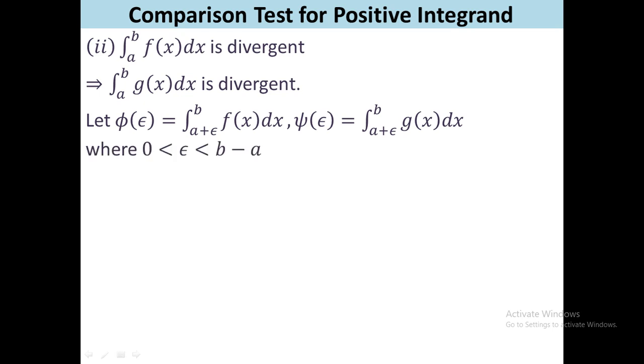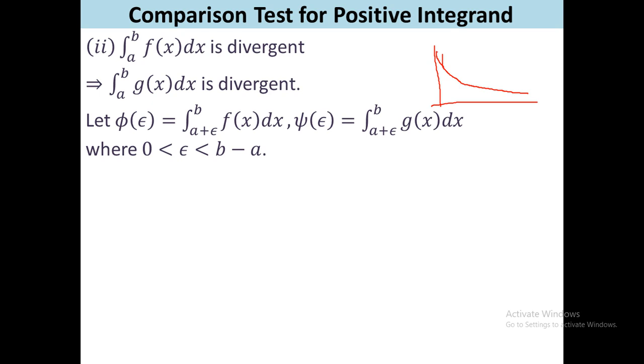If this is the phi of epsilon axis and this is the epsilon axis, then phi of epsilon was a monotone decreasing function. Since this is divergent, phi of epsilon tends to infinity, or otherwise the limit of phi of epsilon does not exist.